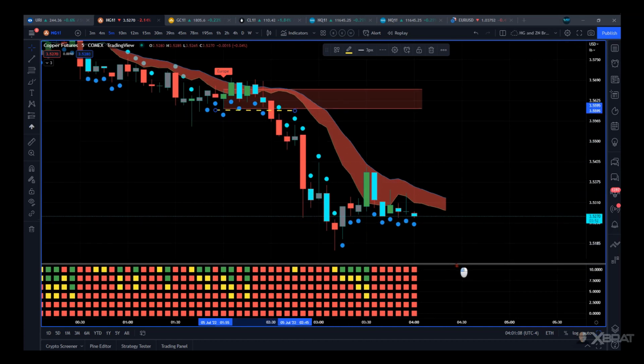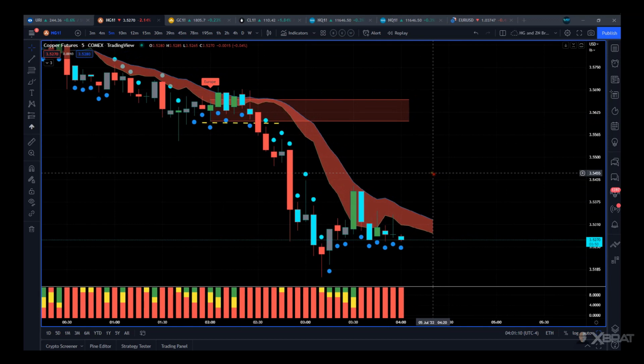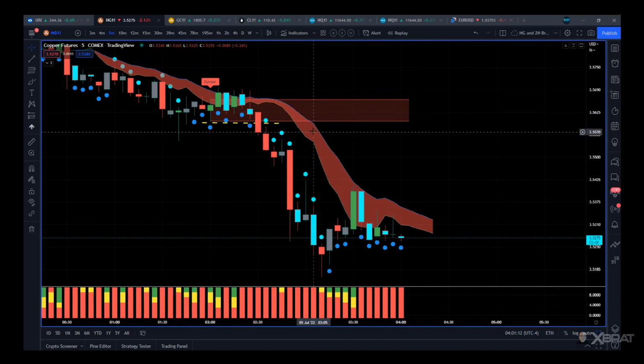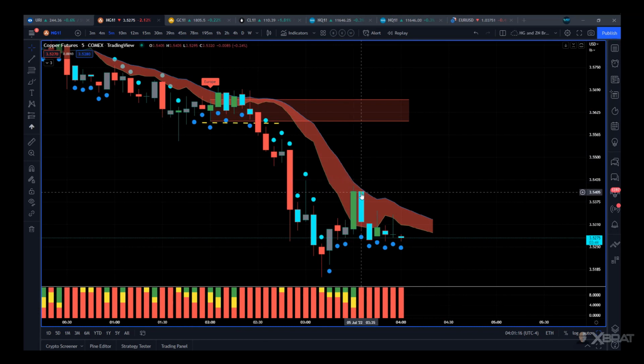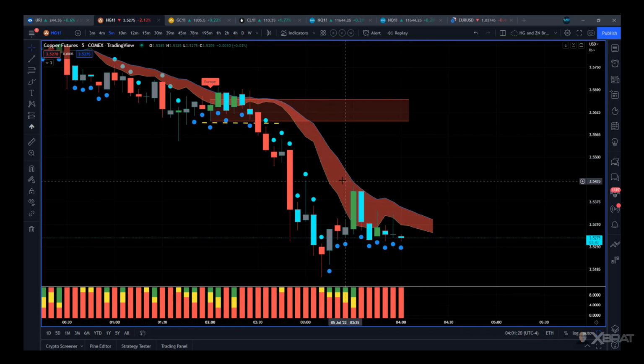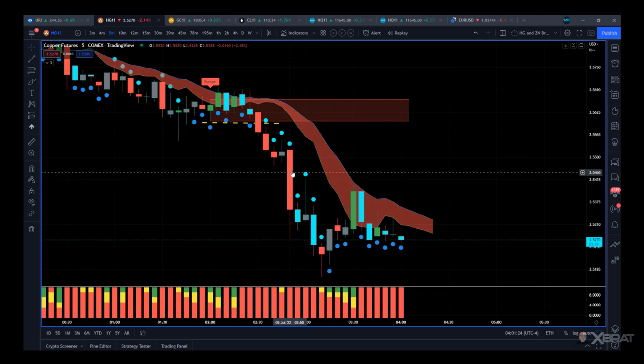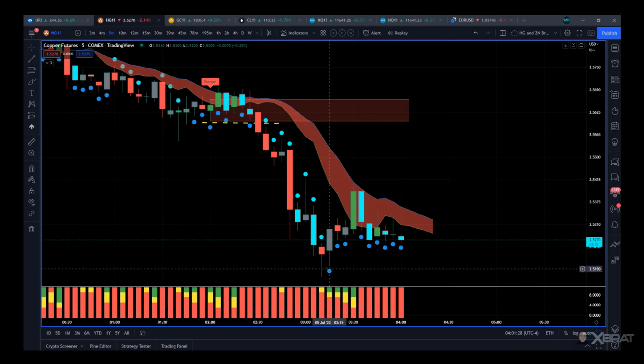Now the grave part to that cradle to grave is the manager. So we have this red cloud, if you like, ribbon, whatever it is, it's red. So it's telling you to stay in the trade. Not only that, when we pull back against this main bearish move, these candles have lower than average volume.